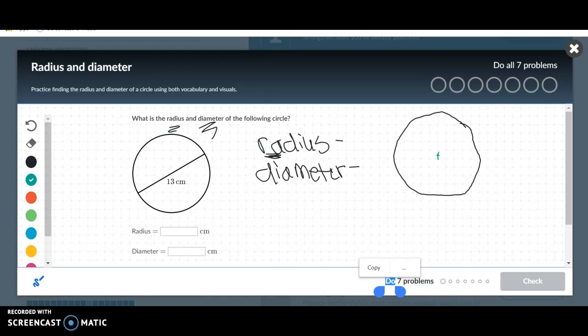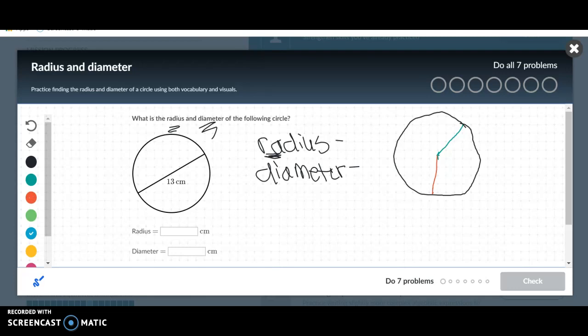From the center of the circle, if we draw a line outward anywhere in the circle, from the center to the outward edge, that has one starting point and it stops right about there. This is called a ray. If I were to draw another ray, it would be the exact same length as this ray right here.